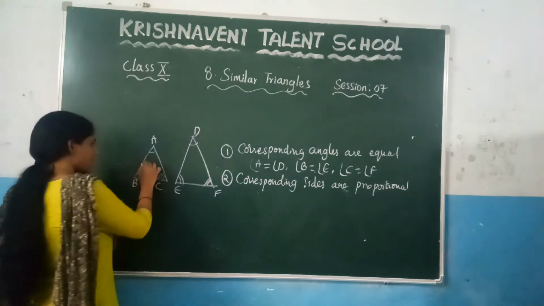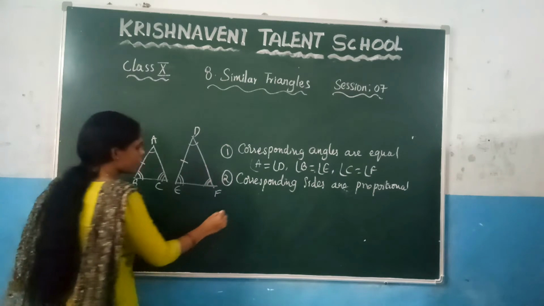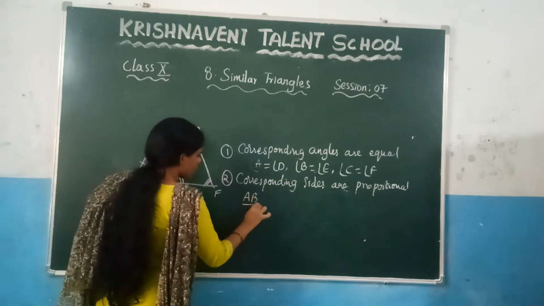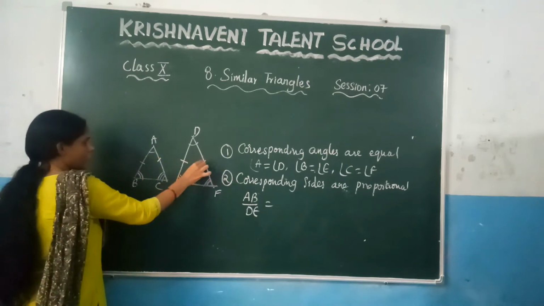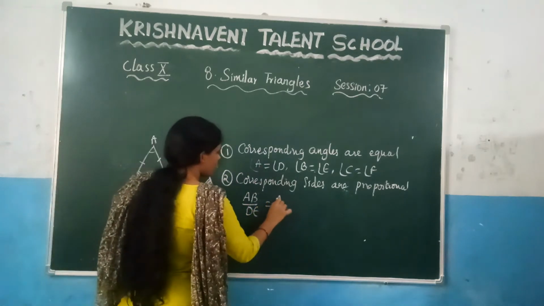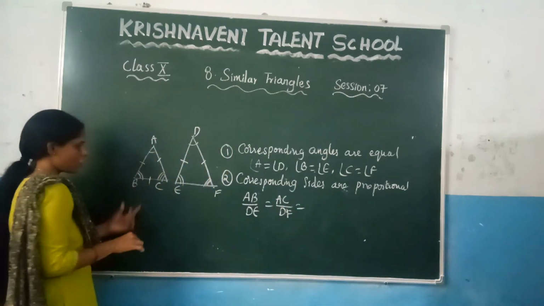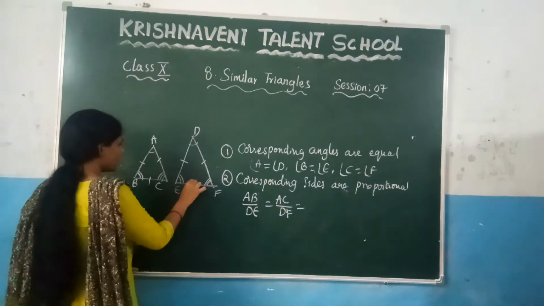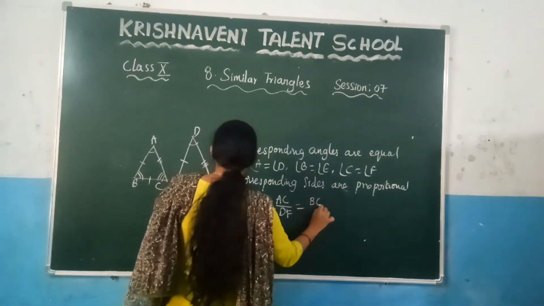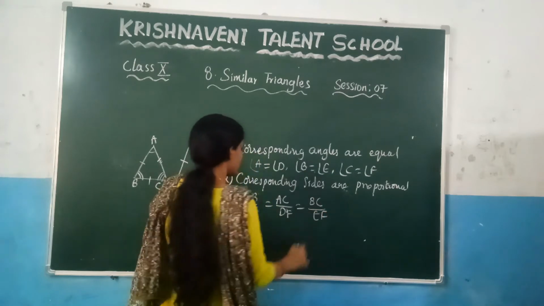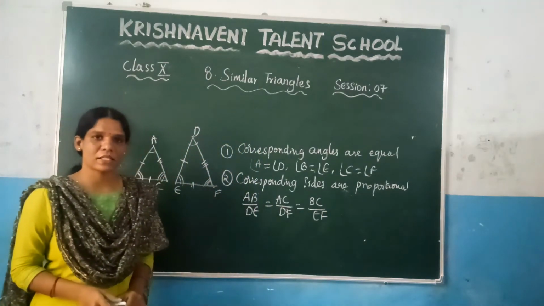That means if you take the corresponding sides, what is the corresponding side of AB, which is DE? So the ratio AB by DE should be equal to AC by DF, since the corresponding side of AC is DF, and that is equal to BC by EF, since the corresponding side of BC is EF. If these two conditions are satisfied, then we can say that these two triangles are similar.